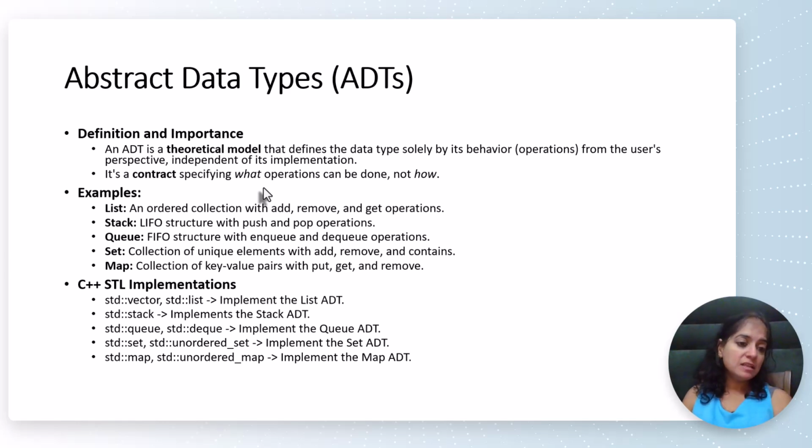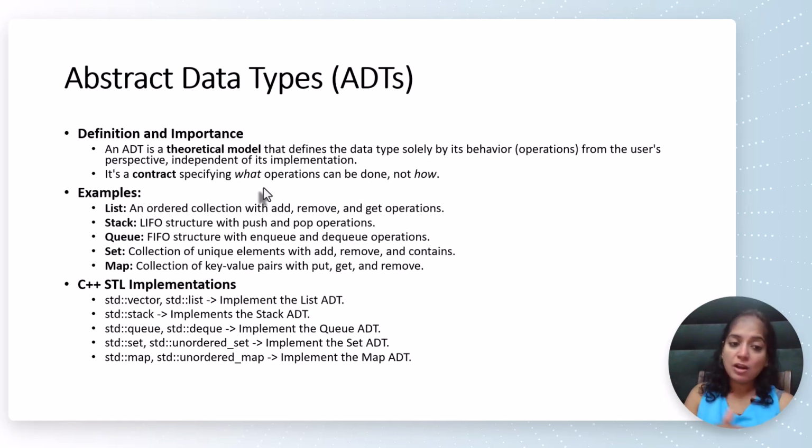For these, C++ provides us the STL, Standard Template Library, implementations. So we use std::vector, std::stack for the stack ADT, std::queue and std::deque for the queue ADT, and set and unordered_set for implementing the set. A set consists of always unique elements.